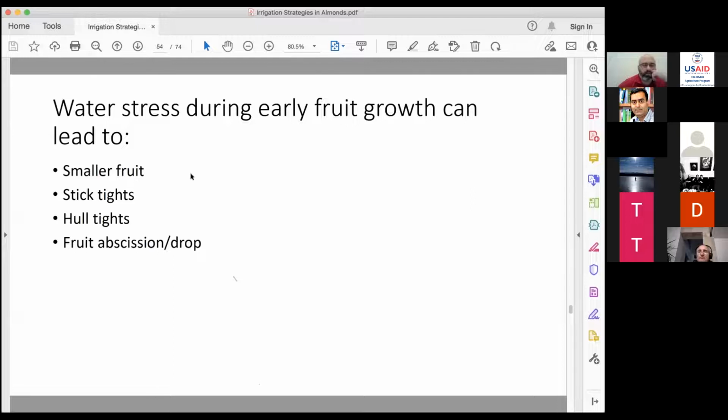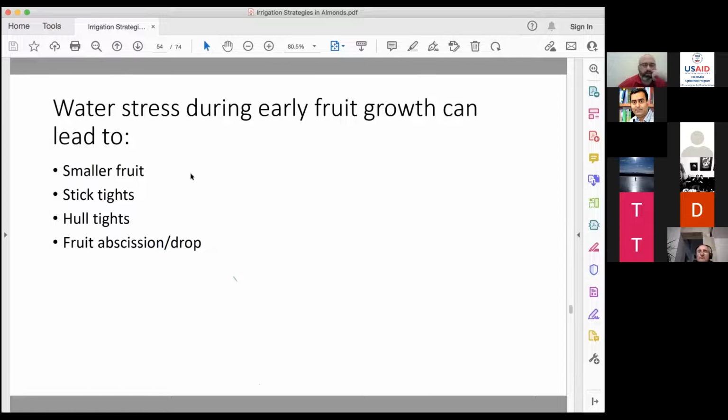Severe water stress during the early stages can lead to fruit abscission or fruit drop. Where we have drought scenarios, we see a lot of fruit drop happening during the April, May, early fruit development stage. That happens because of two reasons. One of them is low photosynthesis, because the tree needs to feed the developing crop.